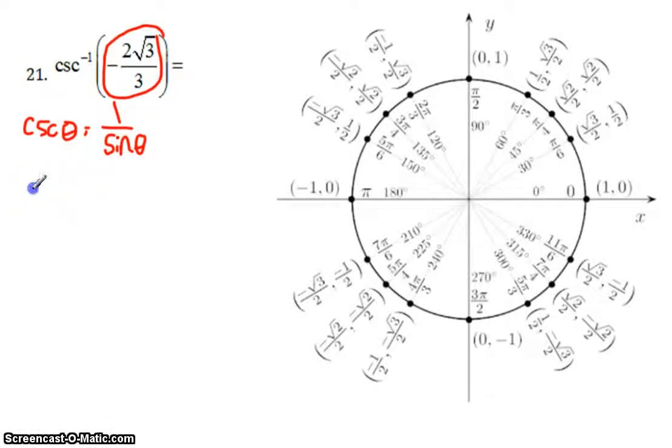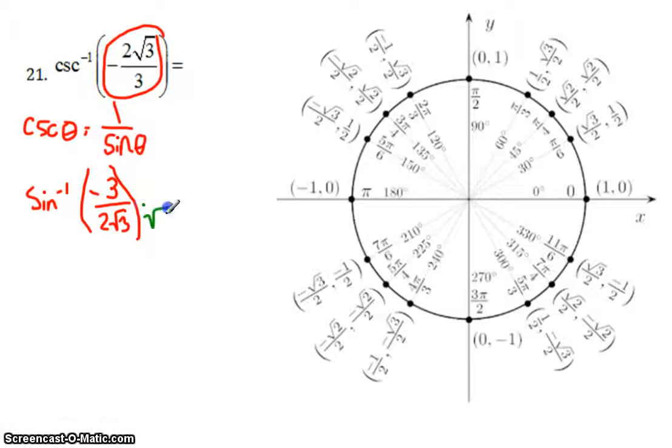So I'm going to try to find the inverse of sine for -3 over 2 times the square root of 3. But that's nowhere on my unit circle, blah, blah, blah. Yes, it is. I cannot have a radical on the bottom.